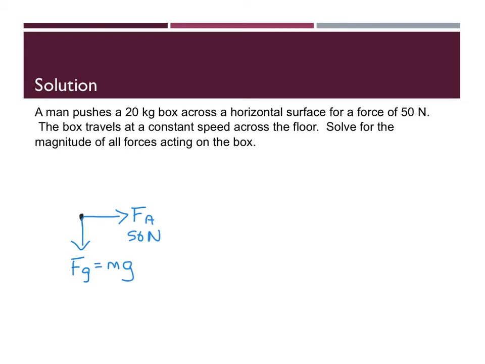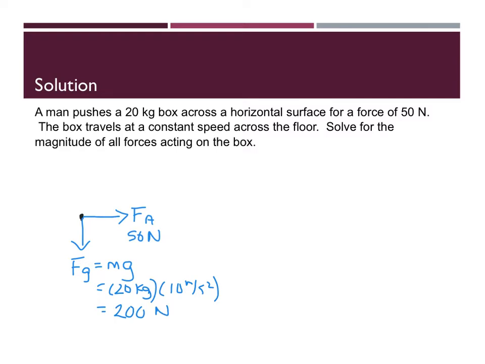So the force of gravity is going to be 20 kilograms times the acceleration due to gravity, which is 10 meters per second squared. So 20 times 10 gives us a force of gravity, or a weight, of 200 newtons.